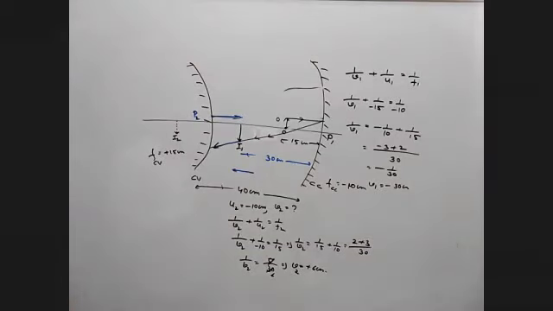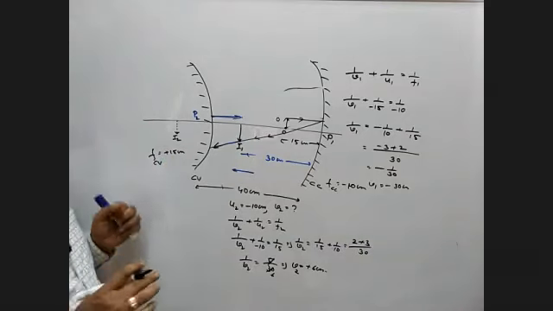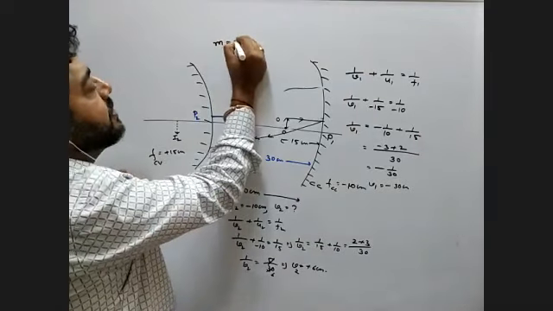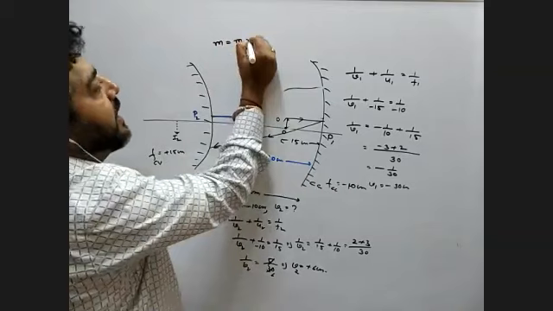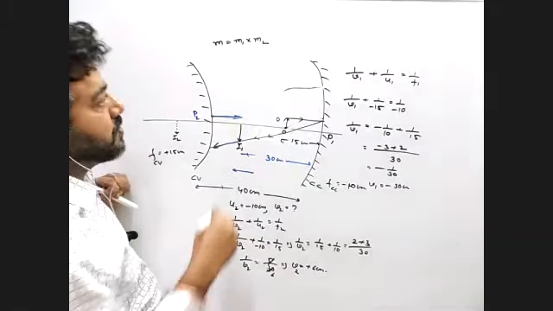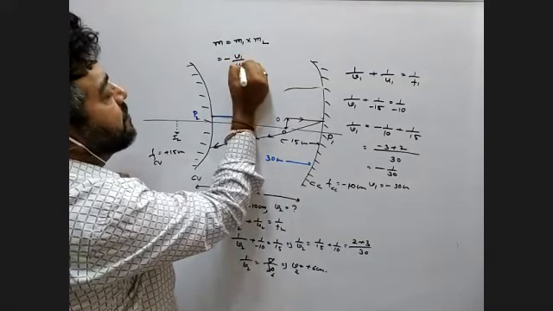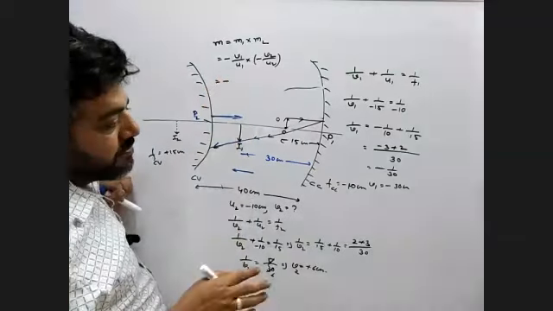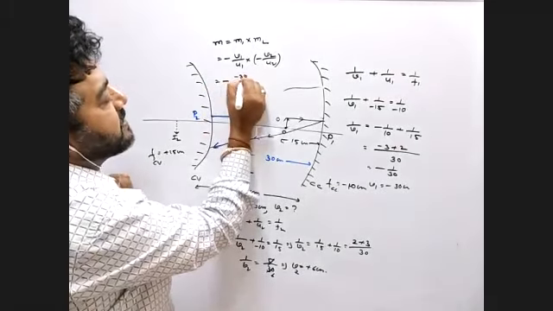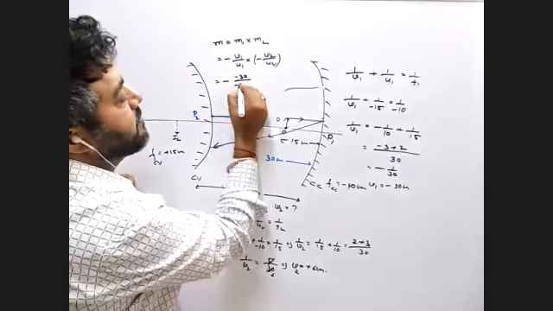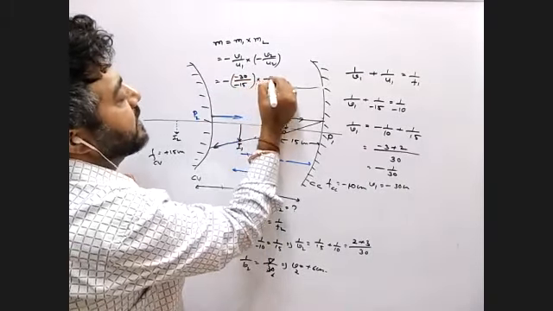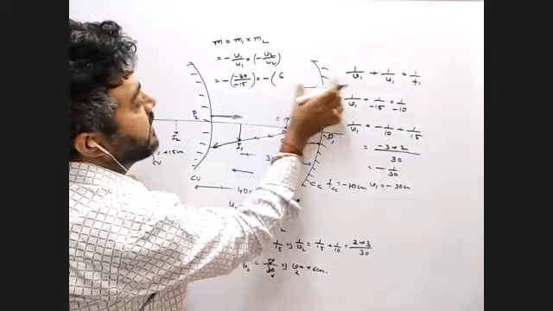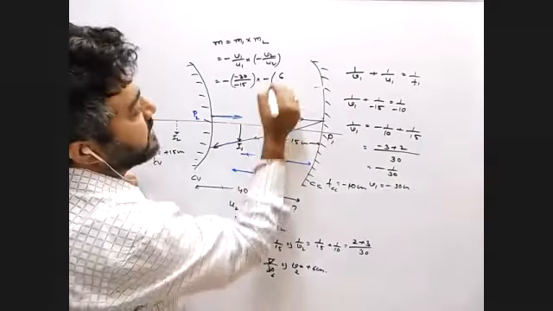So obviously one thing we can say now, the final image is virtual because it is inside the mirror. Now overall magnification, that is magnification by the first mirror and magnification by the second mirror. So minus V1 by U1 into minus V2 by U2. So minus V1, V1 is minus 30, U1 is minus 15, into minus V2, V2 is 6 and U2 is minus 10.